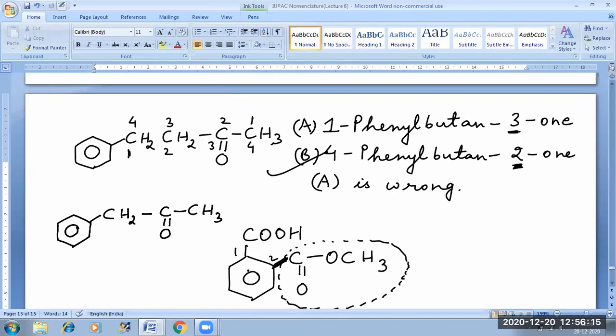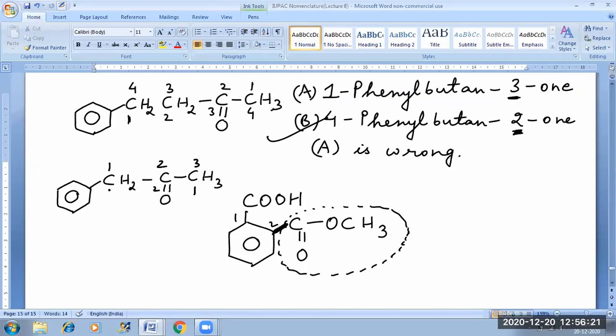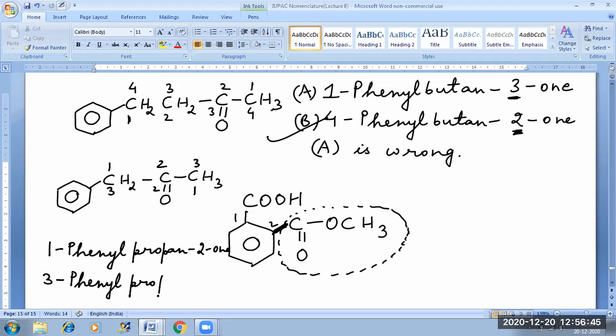हाँ, अब बताओ इसका नाम. और ऐसा भी कर सकते हैं. 1 फिनाइल प्रोपान 2... 3 फिनाइल propan 2.